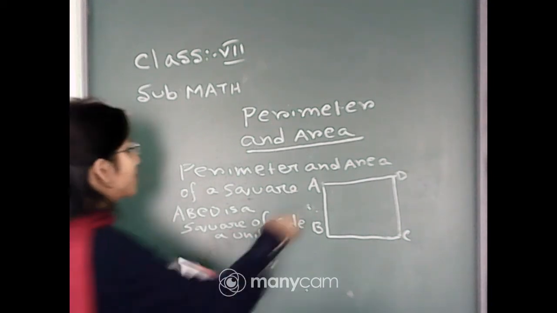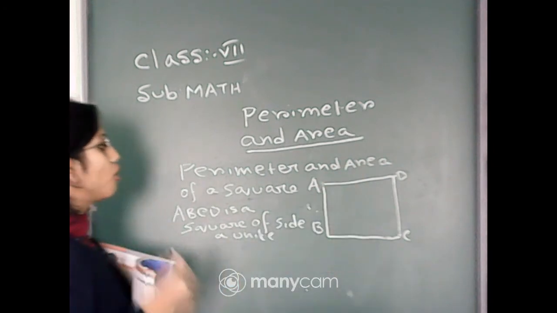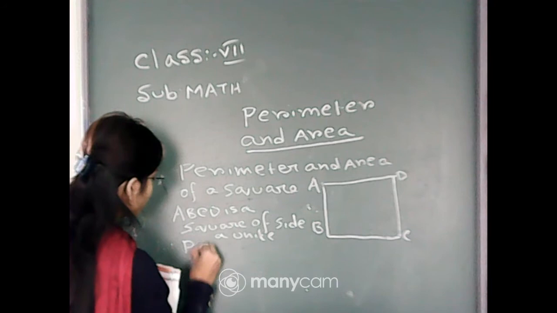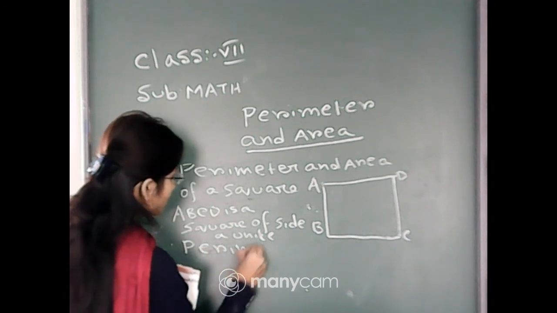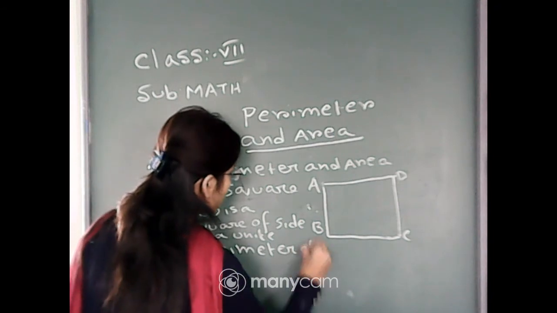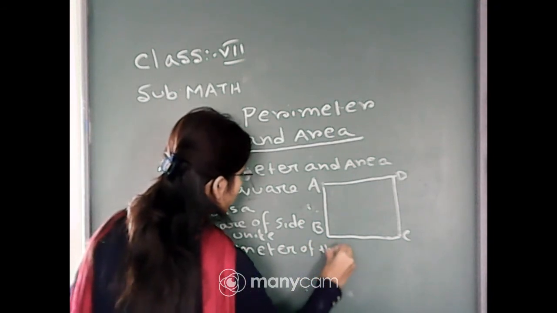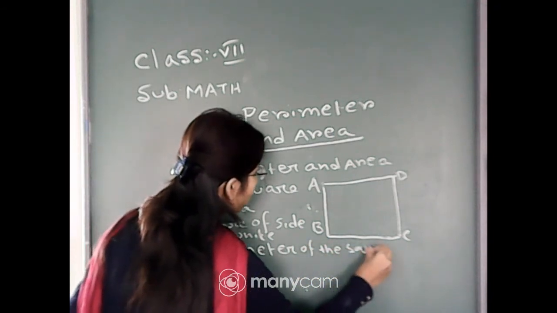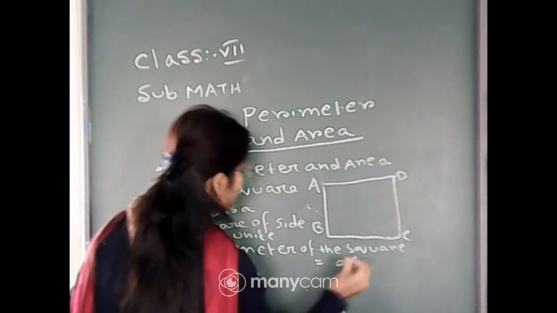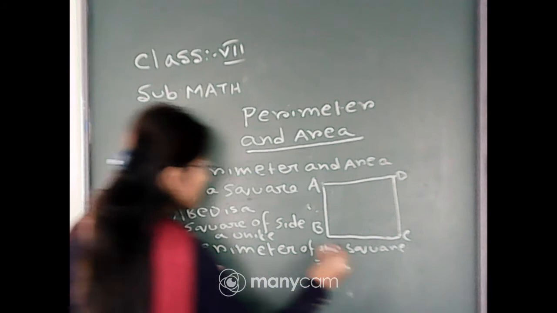Perimeter is the sum of all its sides. Therefore, tell me perimeter of the square. It is equal to 4a, because each side is equal to a unit.